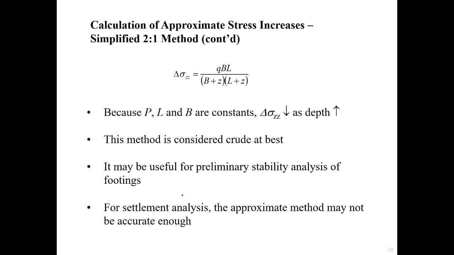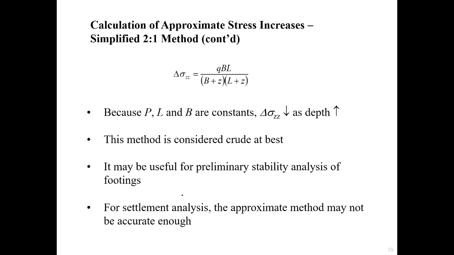And also it's a very crude method to distribute some sort of load down through the soil at a slope of 1 horizontal to 2 vertical. All we are assuming is that the soil particles are distributing these loads out so that the deeper we go, the broader the cross-section area becomes.